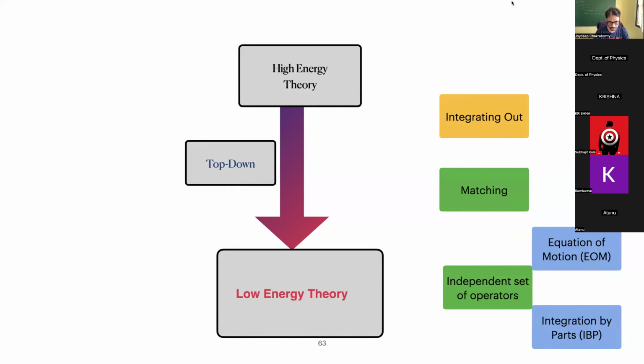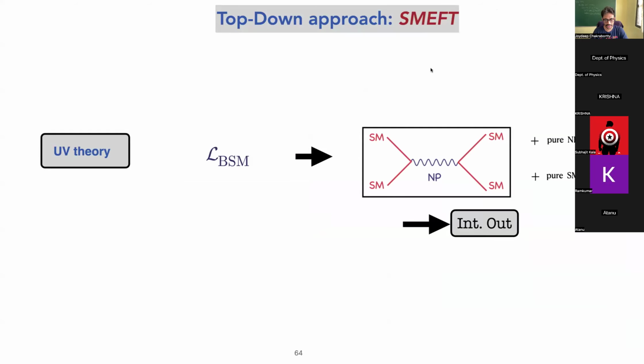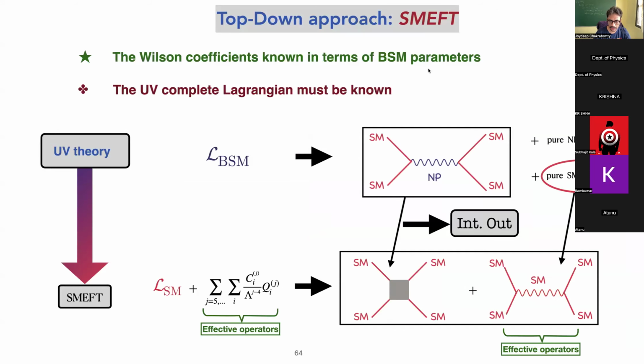And then we have seen that if you start with our UV theory and want to look at the standard model scattering, your asymptotic states are basically standard model. So all the new physics will be basically an intermediate state. They do not appear as asymptotic states. What you can do is integrate out those new physics modes, and then effectively you get the effective operators along with the standard model.